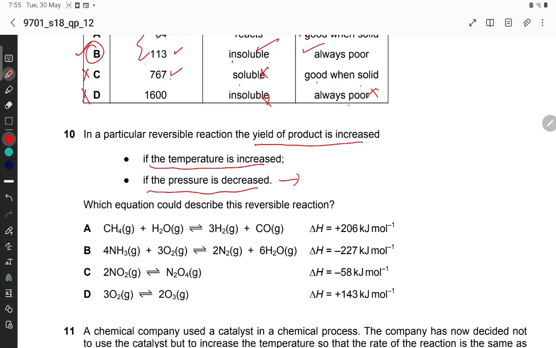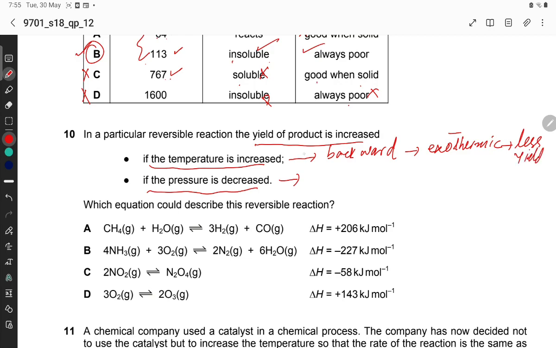If temperature is increased, in case of an exothermic reaction, it will move backward, and less yield is produced.